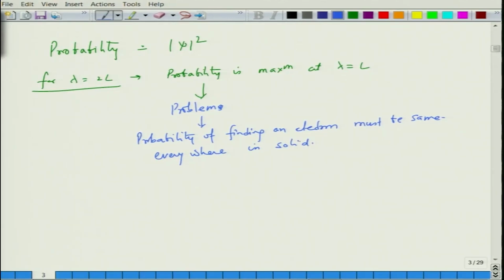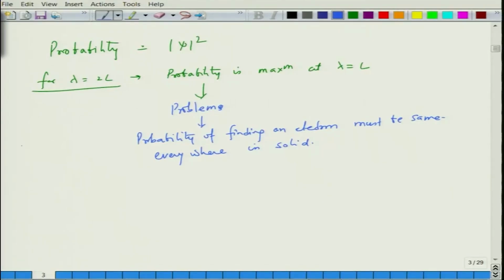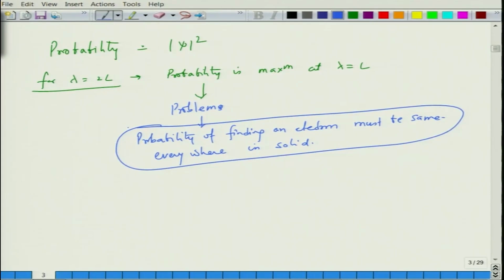Why should you have the electron probability maximum at the center but lower elsewhere? So there is a problem. The corollary is that this condition is violated by the result that we get. We get different probabilities, so they are in conflict. Okay, there is a conflict.